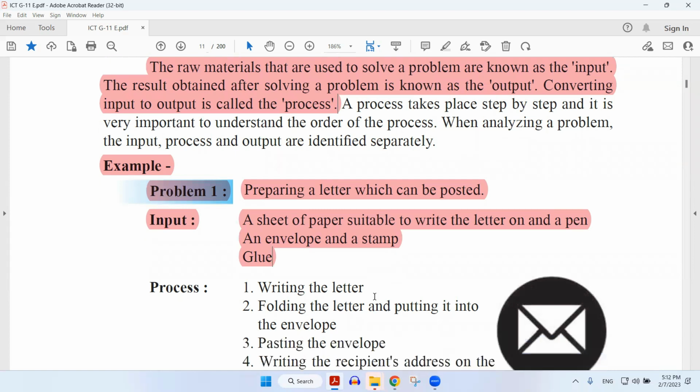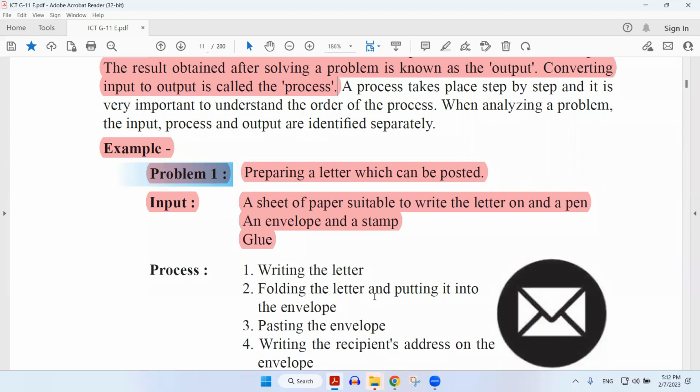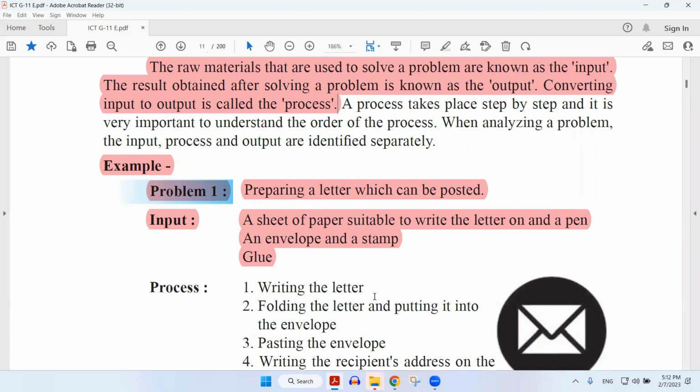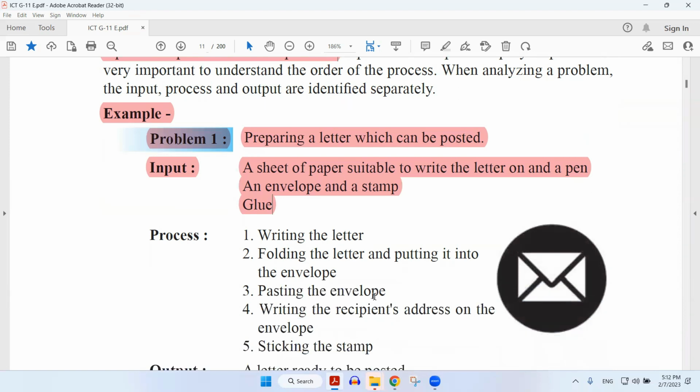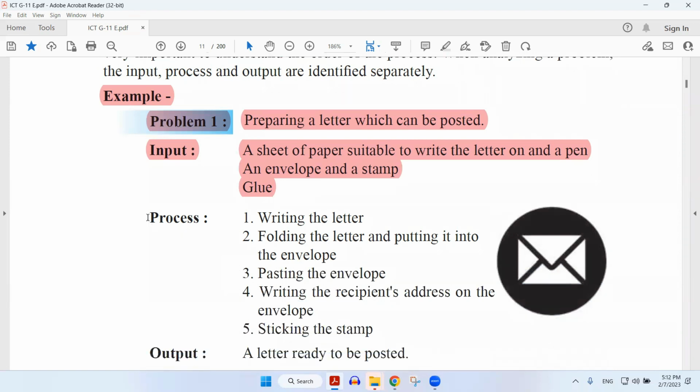Right, I'm moving a little bit upward so you can copy the example. If you miss anything, just let me know, right?